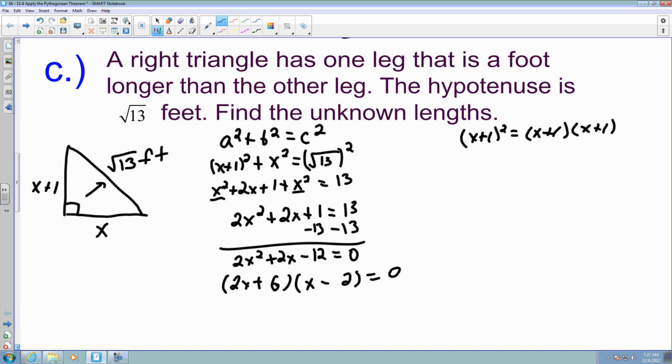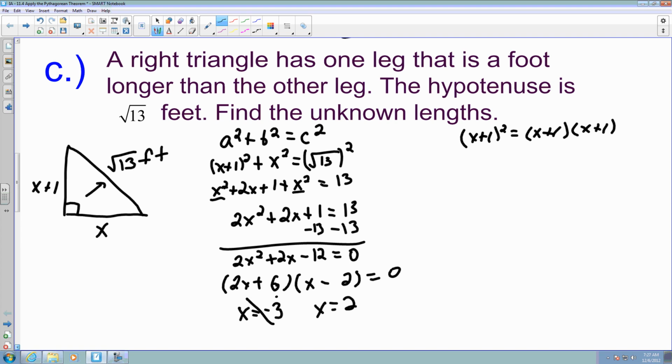So now we just use the zero product property that we learned in chapter 9. If we take 2x plus 6 equals 0, that'll be x equals negative 3. And x minus 2 equals 0, then x would equal 2. So we do have a problem with x equals negative 3 because negative 3 can't be a distance.